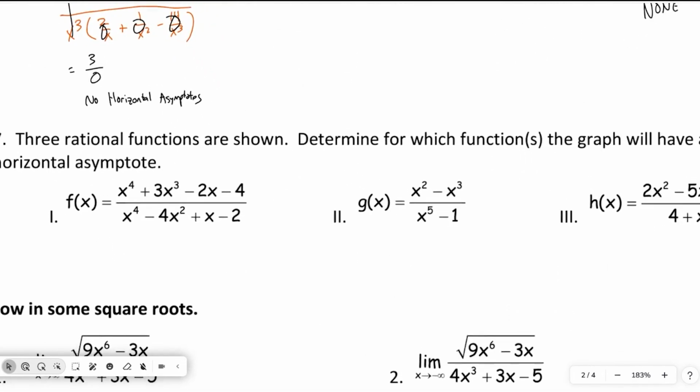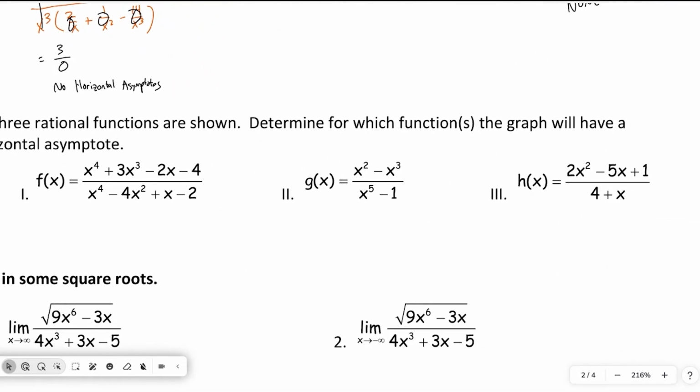All right, so we've got three rational functions here. I'm going to take a minute and determine which of these, if any, have a horizontal asymptote. You don't even need to tell me what it is, but let's just go through them. Does one have a horizontal asymptote? What is it? This one's just going to be y equals 1.